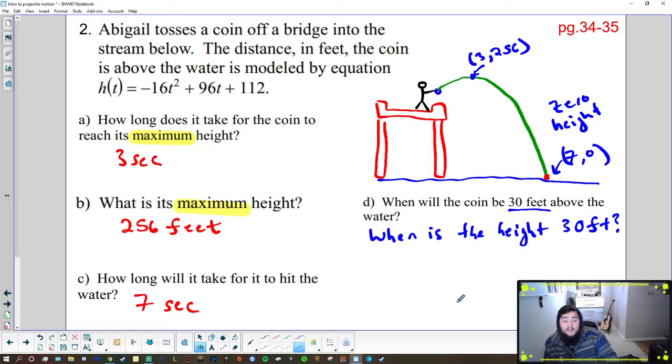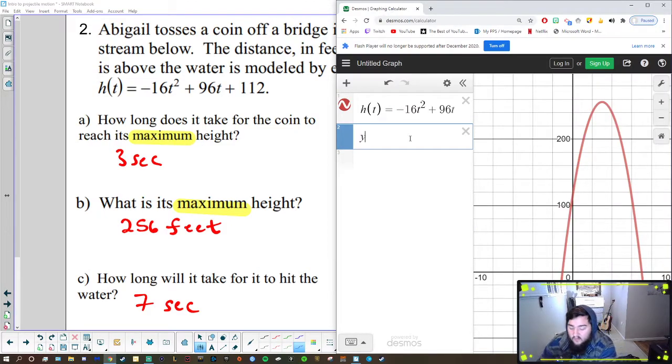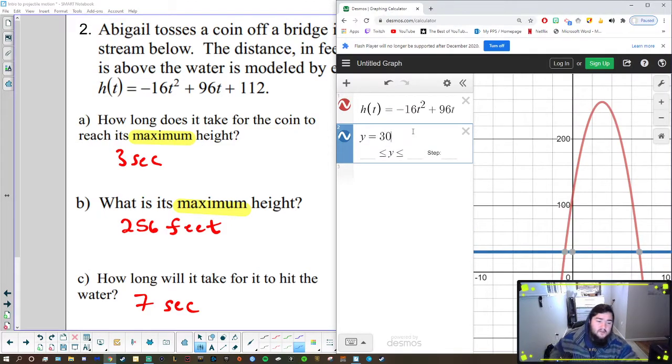Okay, the information that was given to us is, we know our y has to be equal to 30. Y has to be equal to 30. Okay, we want our y value to be 30. So if I go over to Desmos and I add that in, y equals 30, so 30 feet.